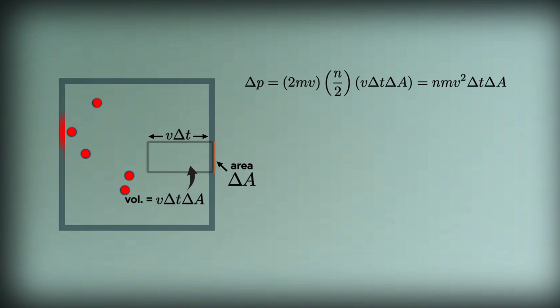Force is momentum per unit time, and pressure is force per unit area. So to get the pressure, we divide our equation by delta t and delta A. That gives nmv squared. And since mv squared is twice the kinetic energy per particle, epsilon, we can also write that as 2n epsilon.